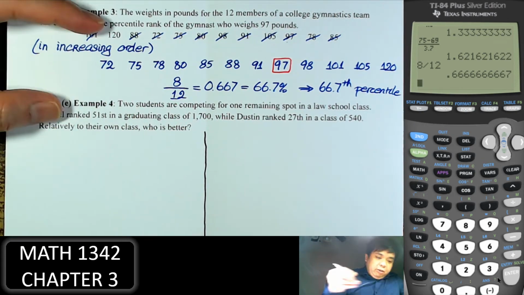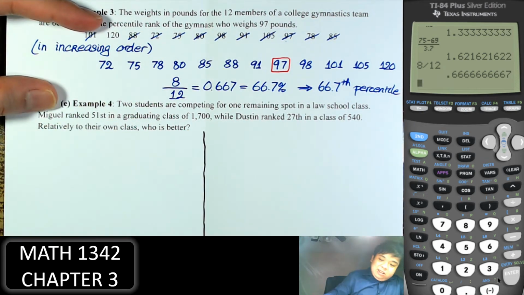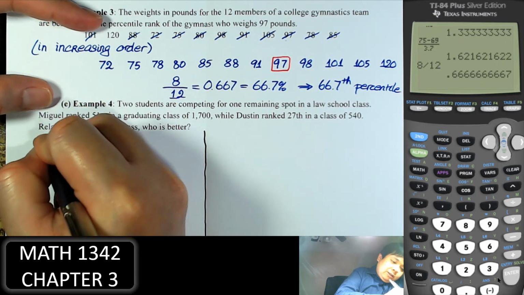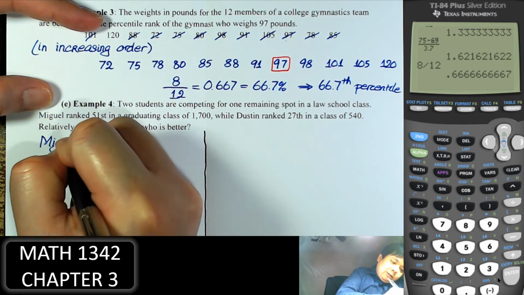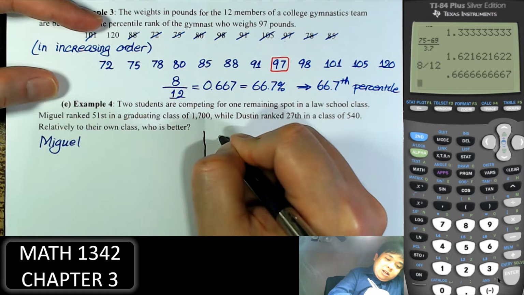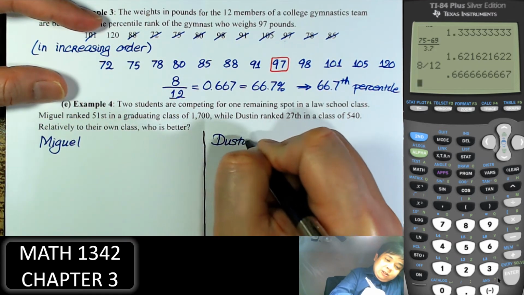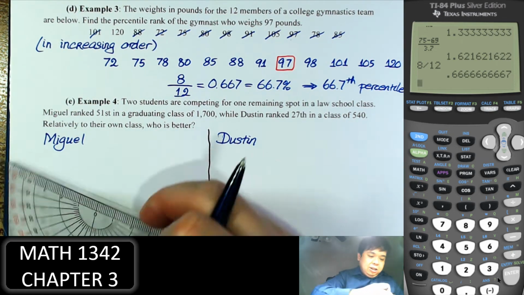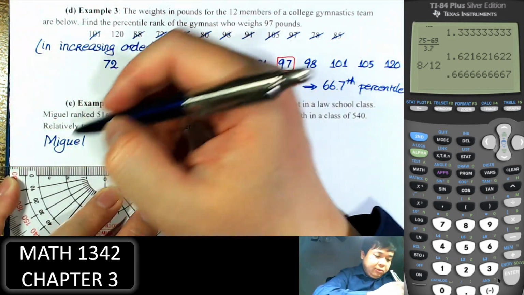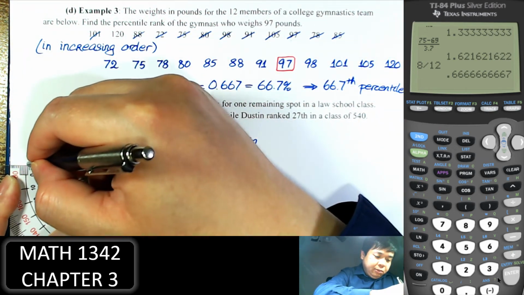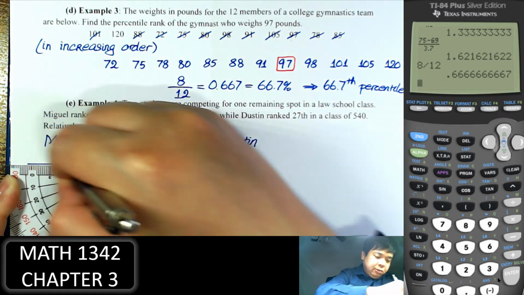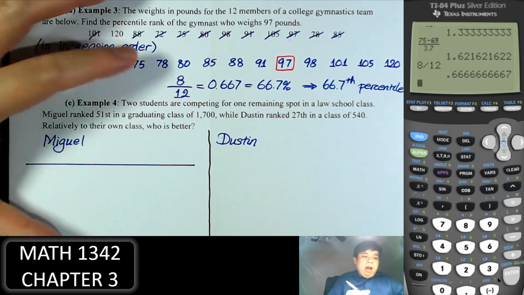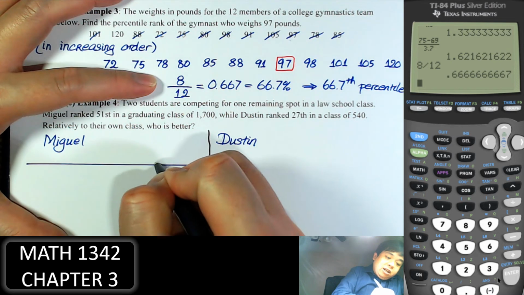Right, so we have Miguel and Dustin. Right. Miguel ranked 51st in the class.